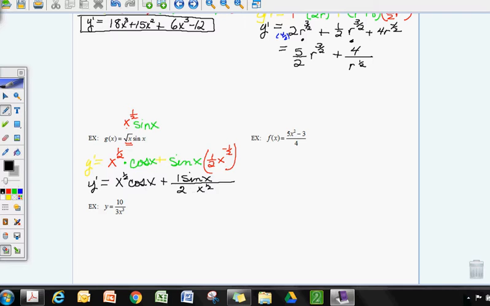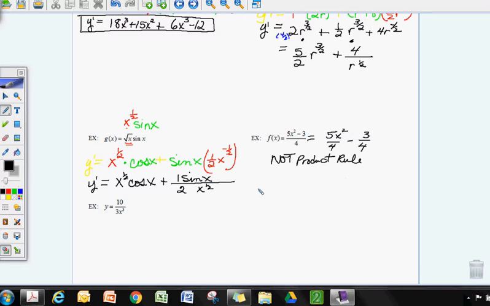So now I'm looking at this next example. Ew, this is like we did from the first chapter, or the first part. 5x squared over 4, subtract 3 over 4. This is not a product rule. It is just a plain problem like we did earlier.